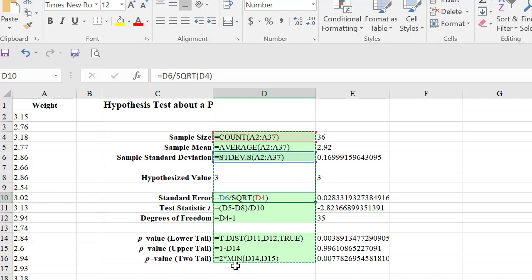Our test statistic then is going to be this value minus this value, so that's the average, minus what we hypothesized, divided by the standard error here. And that gives us this t. The degrees of freedom is going to be our count, this value, minus 1.